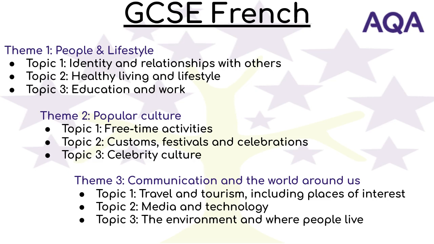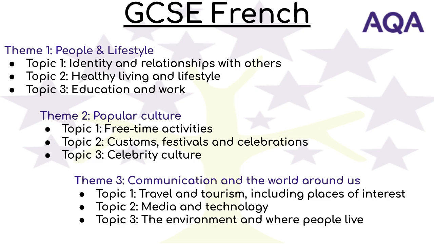Now, if you have been paying attention while you were in years 7 to 9, you'll be looking at that and hopefully thinking that you have already covered quite a lot of those. And that would be absolutely correct, because we have done most of those, whether it was in year 7 talking about describing people, so that would fall under identity, talking about school, talking about where you live, what type of town you live in, your hobbies, your free time activities.